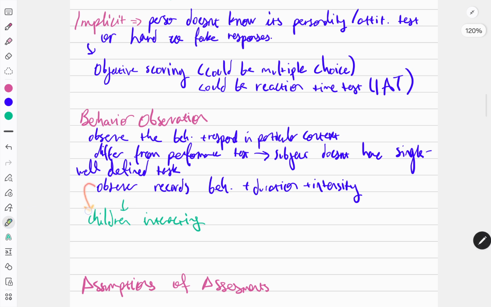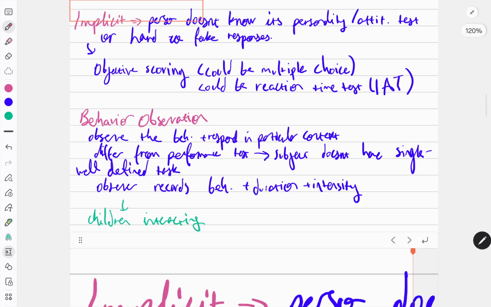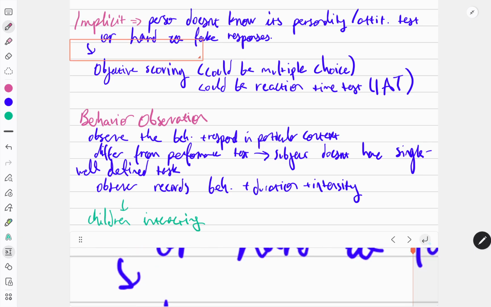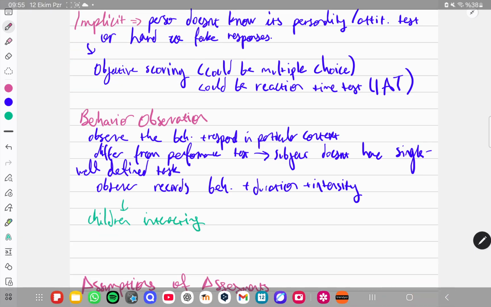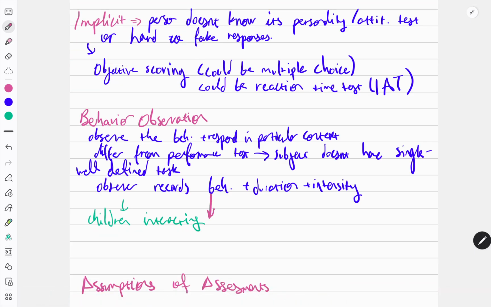For example, when children are interacting, the observer is recording their behavior, like how long they have interacted, the intensity of the conversation, etc.